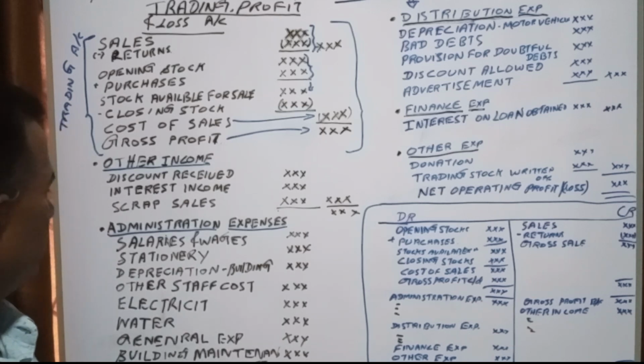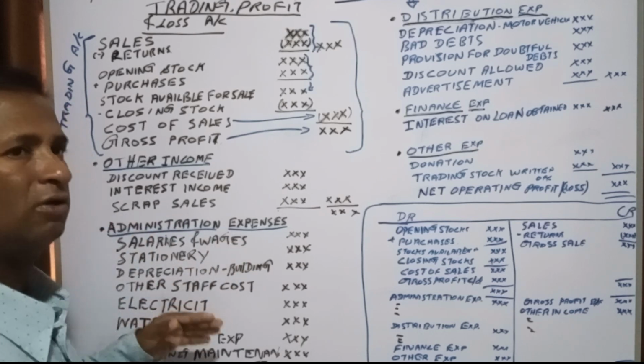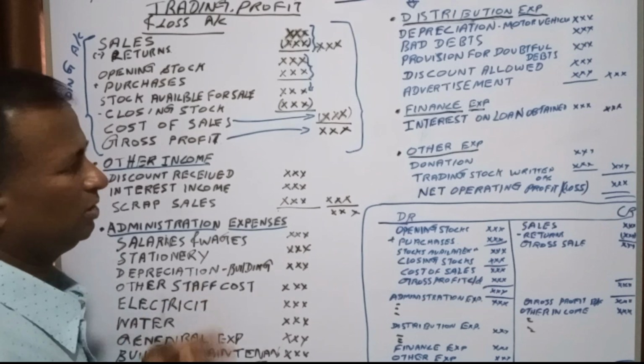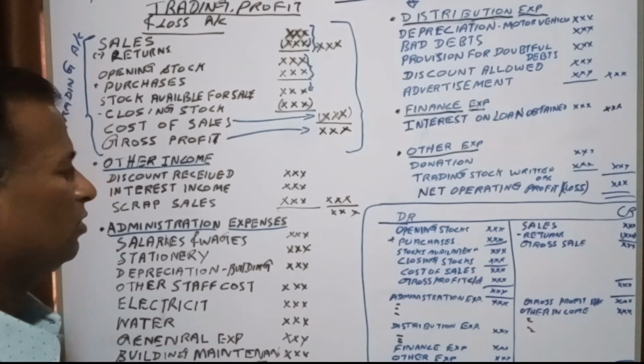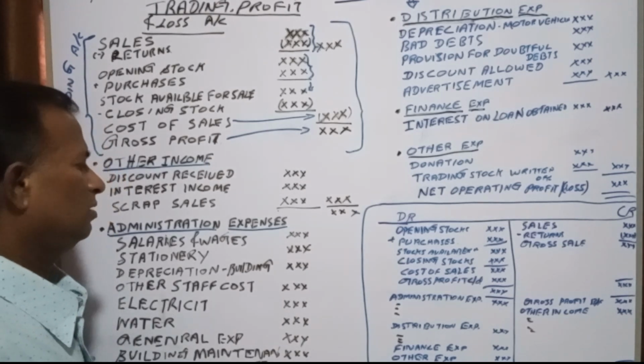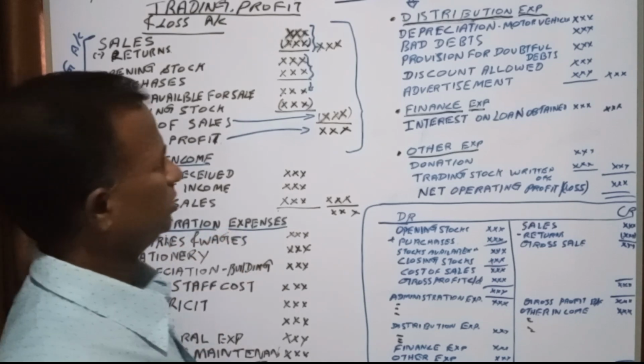But the administration expenses mentioned here are not limited to these. There are so many administration expenses. During the course of the exercises we can understand those things. Okay, these are the administration expenses.